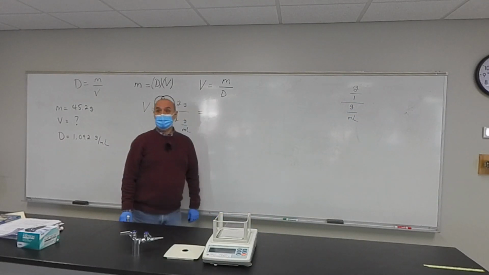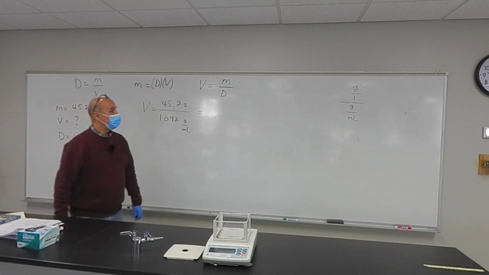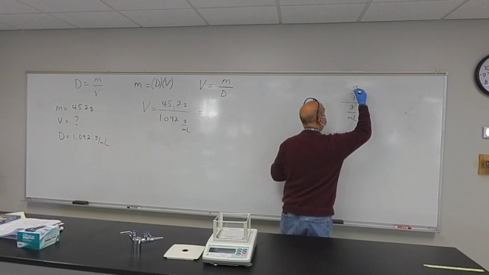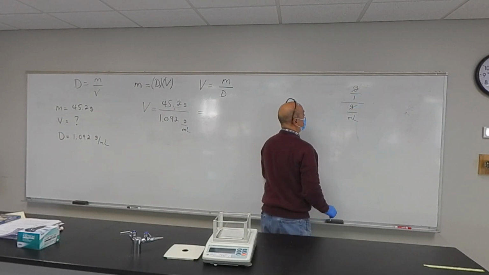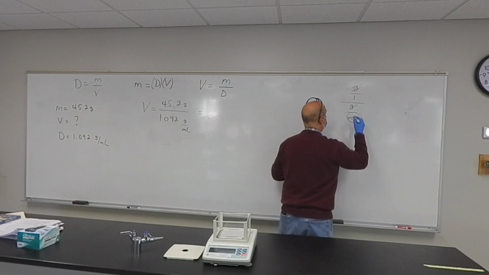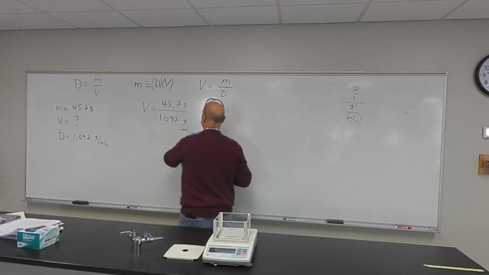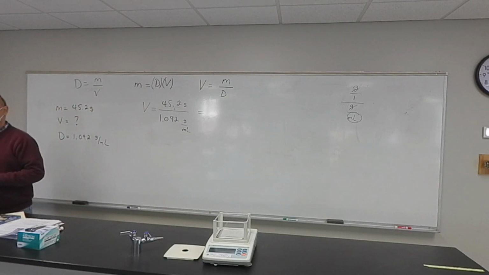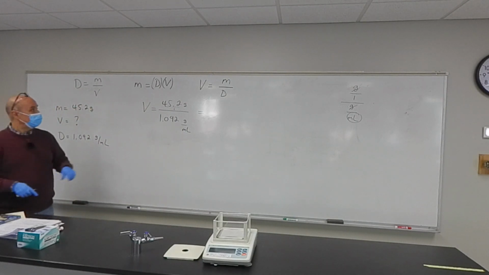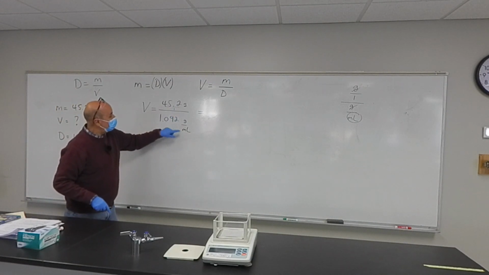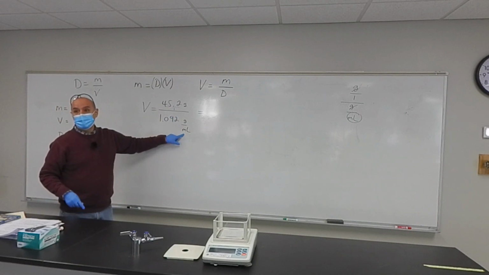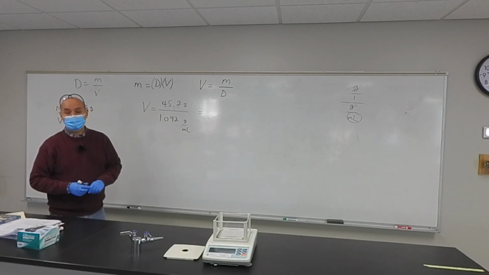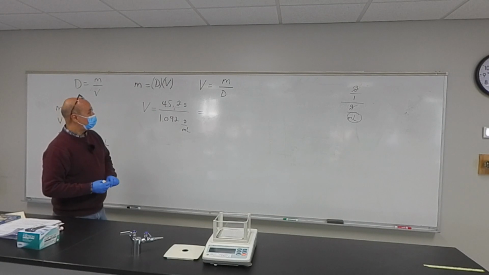When you have a scenario like that, this cancels this, and the units that remain are milliliters that go on top. And again, please review that on your own if you don't know where that came from. That and that cancels out, and we are left with milliliters. It has to do with fractions.